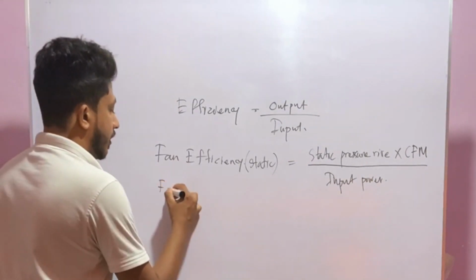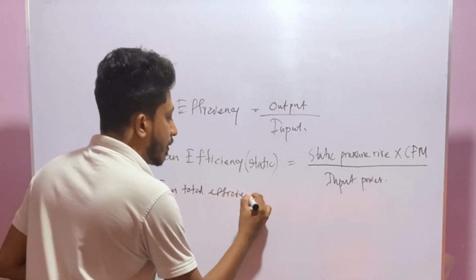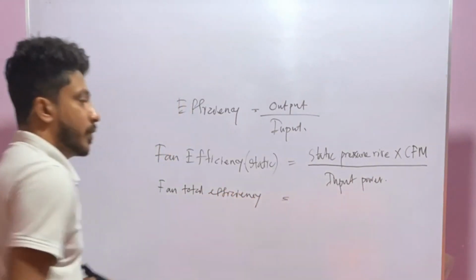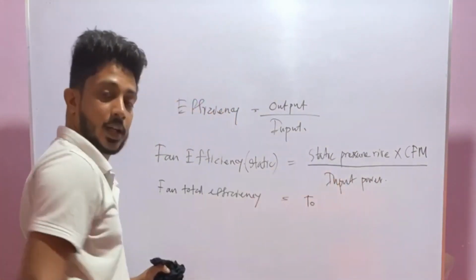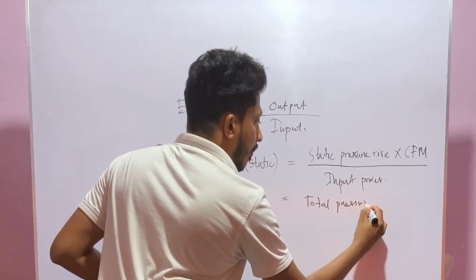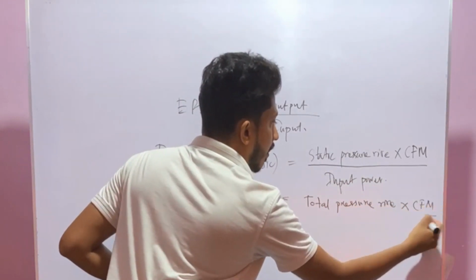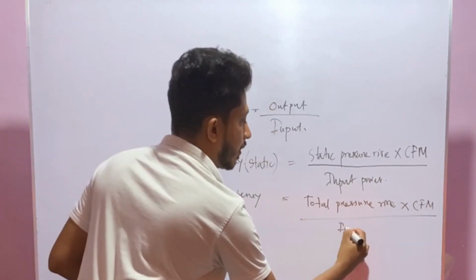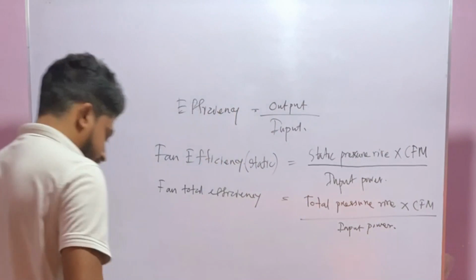Then the other type is fan total efficiency. For the total efficiency, we take not only the static pressure rise, we take the total pressure rise and airflow, then input power.